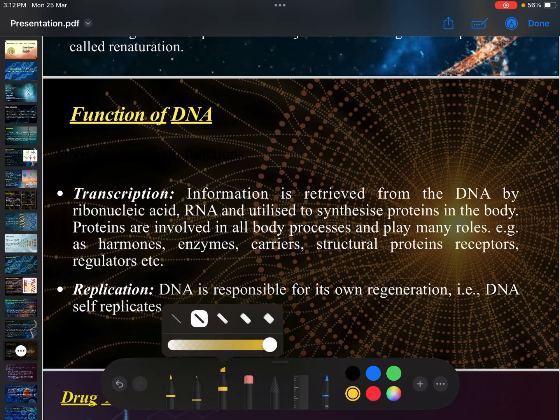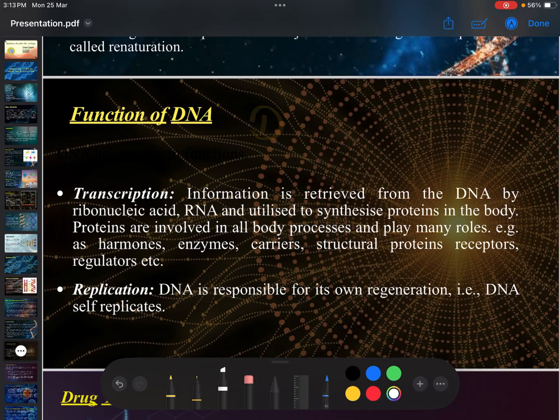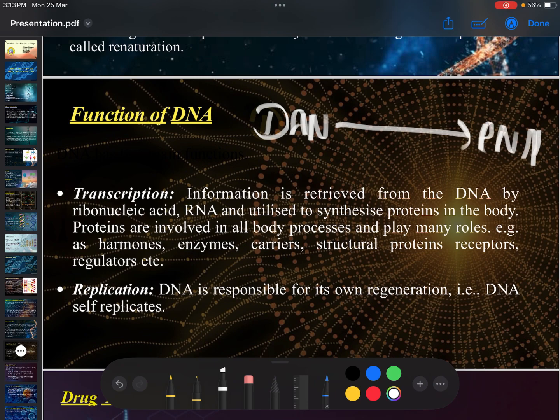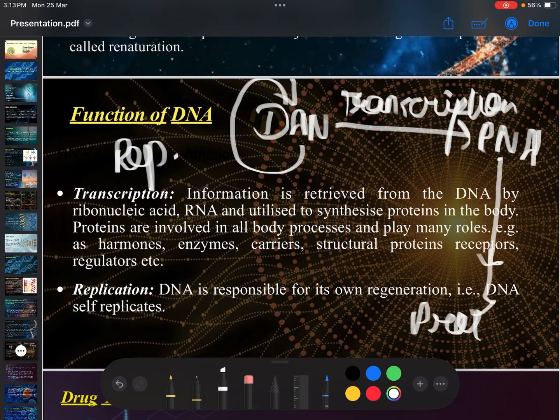Here I want to show you via a flow chart that DNA converts to RNA via transcription, and DNA converts to DNA via replication, and then RNA converts to protein via translation.